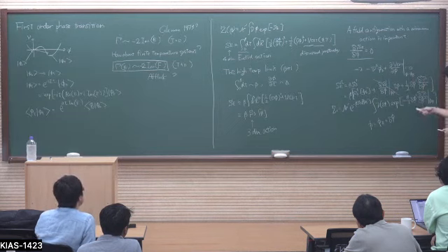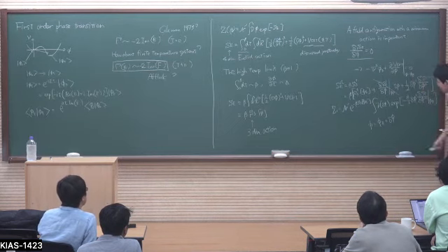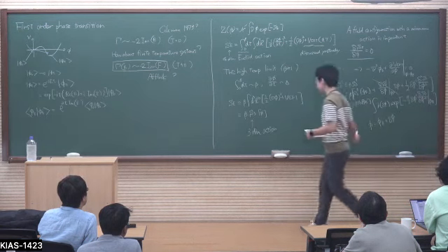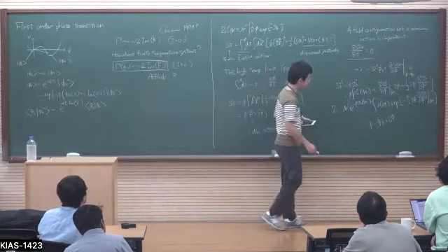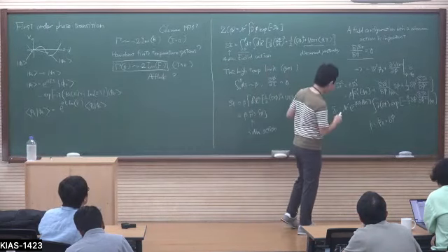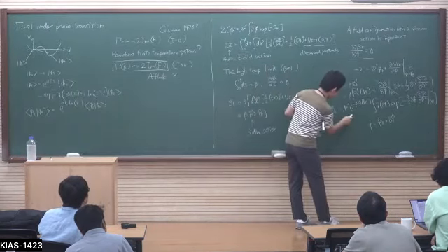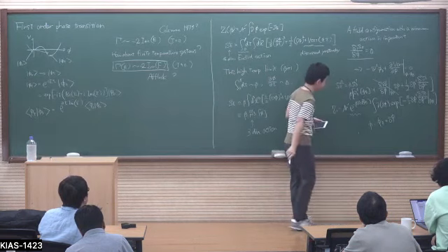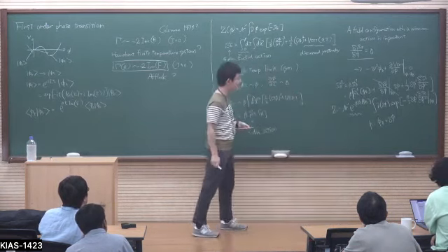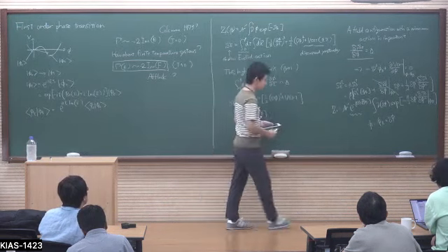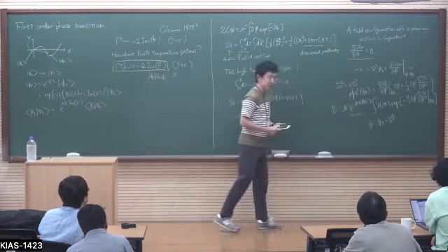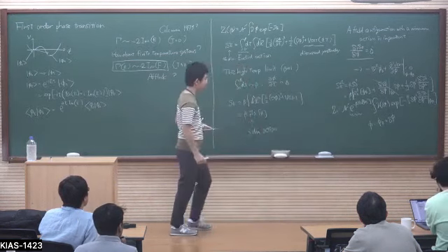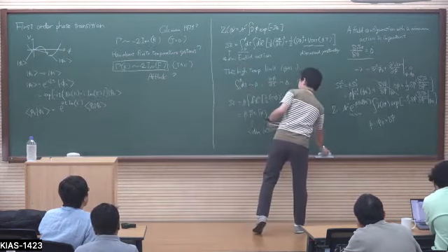So we should do the path integral in terms of the delta phi. The most important point is that the delta one includes this exponential factor. As we will see, this factor plays an important role when we discuss tunneling.